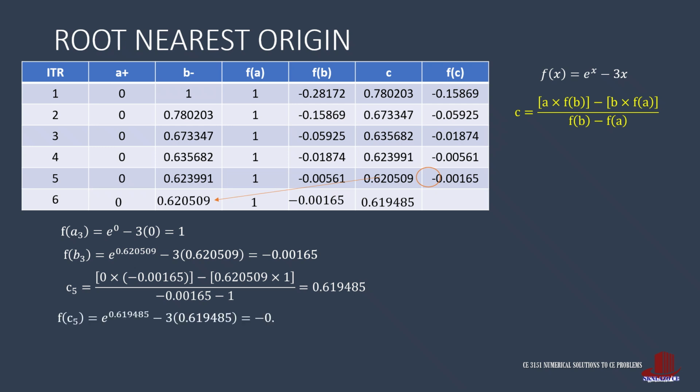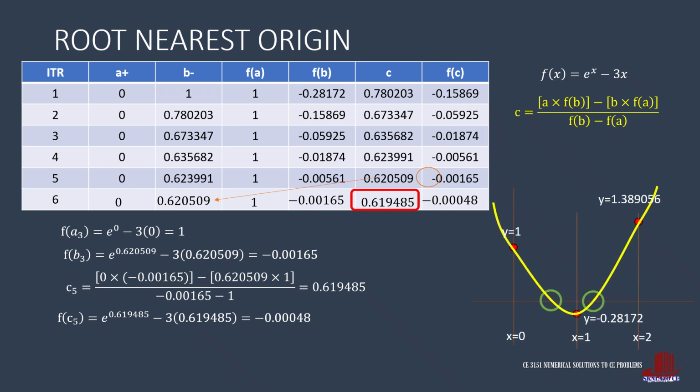Plug C into the function to get -0.00048. This value can be rounded down to 4 decimal zeros, which means we already have the first root at 0.619485. In the graph, we have identified x1 near the origin.